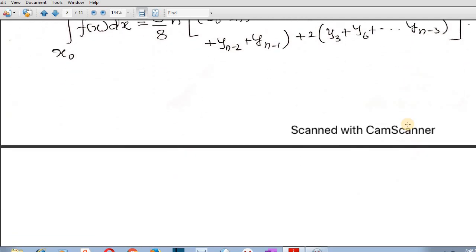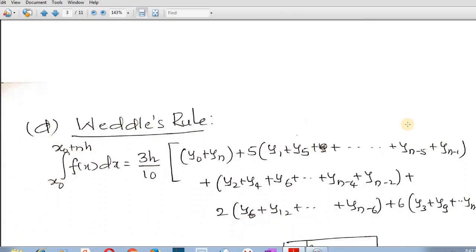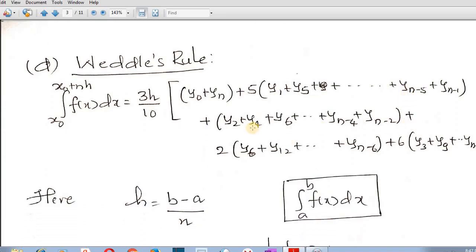Next is the fourth formula, Weddle's formula. It is similar, with a little change: 3 times h by 10 times [y0 plus yn, plus 5 times (y1, y5, ...), plus y2, y4, y6 and so on]. Here the multiples of six, like y6 and y12, are handled separately, and the remaining values stay in the first bracket.